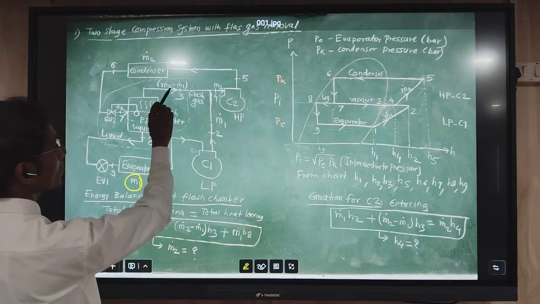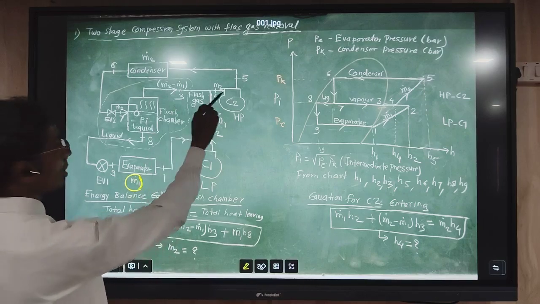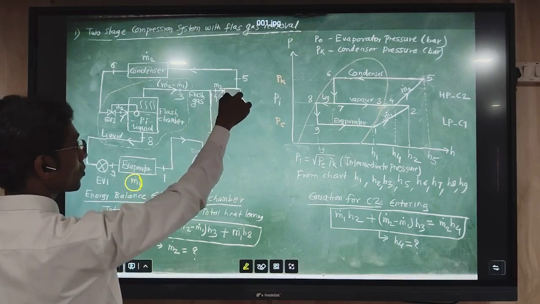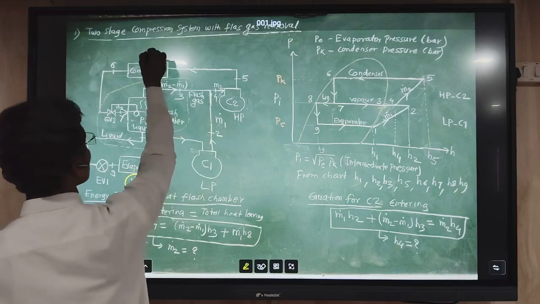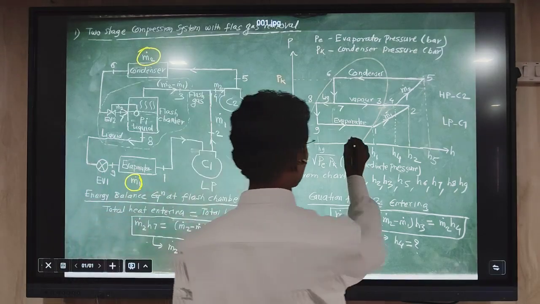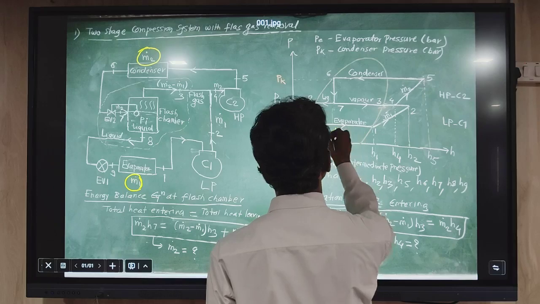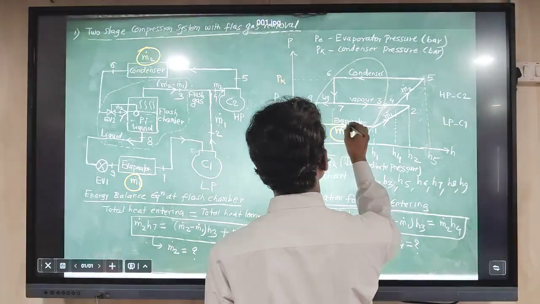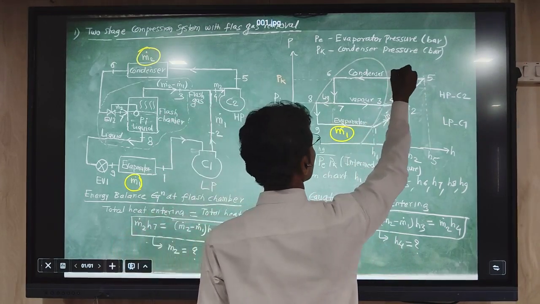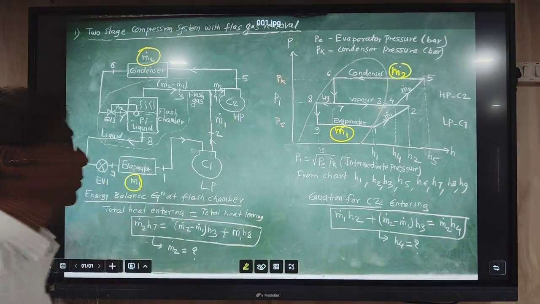So m2 dot minus m1 dot plus m1 dot, minus and plus get cancelled, and in the upper envelope, through compressor 2, the high pressure compressor, the mass flow rate moving is m2 dot. We can show on the pH diagram, m1 dot is moving through the lower part and m2 dot is moving through the upper part.